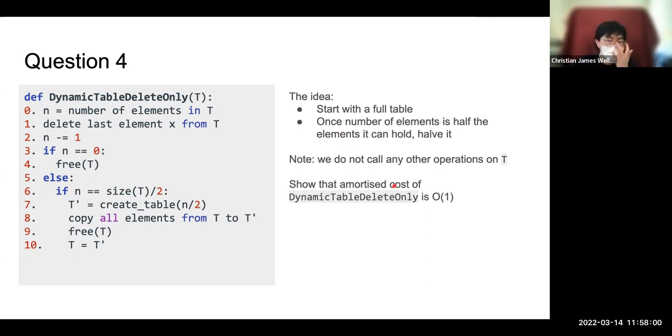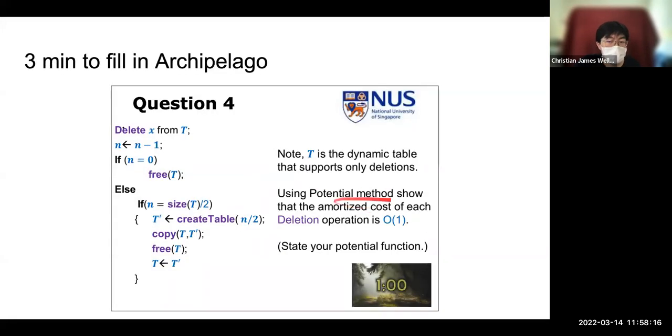One thing to take note of for this particular example is that we do not call any other operation on T, so we don't mix and match operations. We care only about deletion starting from a full table. We show by amortized analysis that this is O(1) using the potential method.